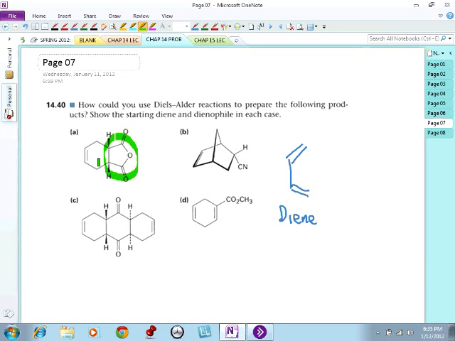Your double bond. Okay? And keep in mind that the original double bond will be on the opposite face to where the new carbon-carbon double bond is. So therefore, we say the double bond must be here. Okay, you see that? We say, okay, that is the case. Therefore, that must be the dienophile.